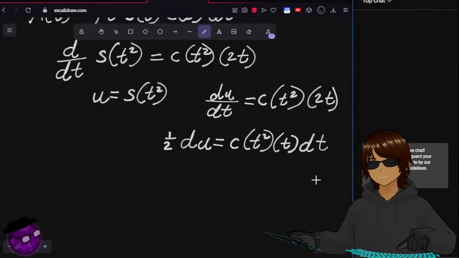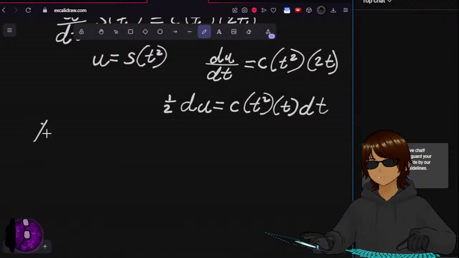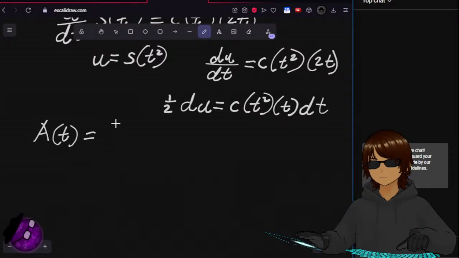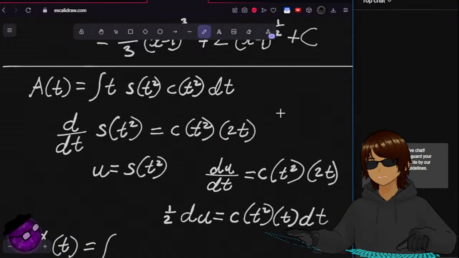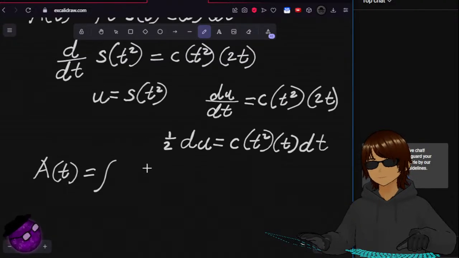So now going back to the area function, or the antiderivative function. I can replace this, and this with half du.